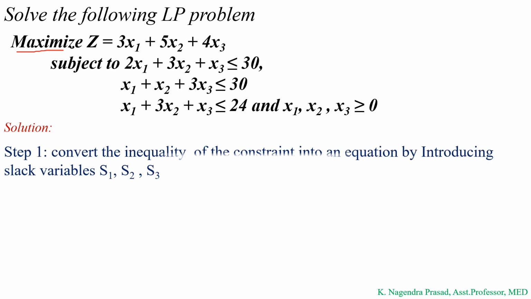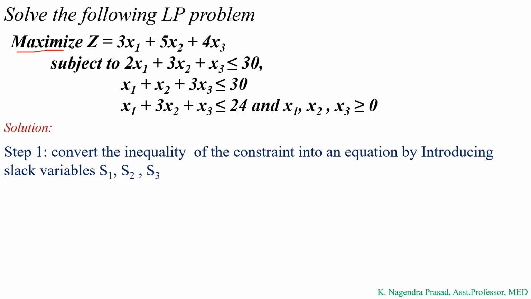First step is to convert the inequality of the constraints into equations by introducing the slack variables s1, s2 and s3. Here three constraints are given and all three constraints have the less than or equal to inequality symbol.